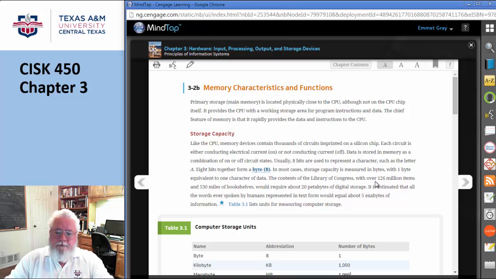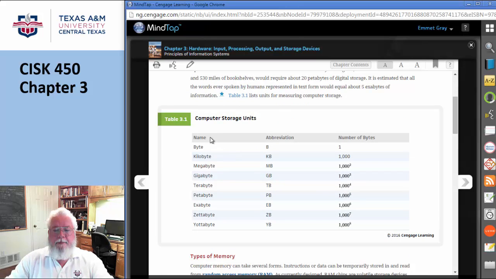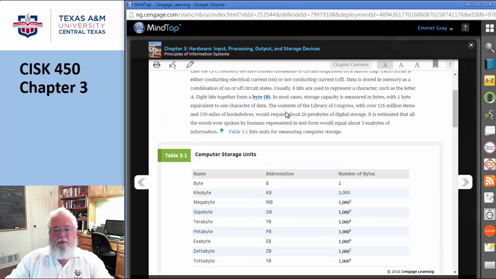So you'd hope that computer storage units, a byte, a kilobyte, and so on, you'd hope that all that made sense. And I've already mentioned in a previous video that that's not exactly the way it works. When I'm buying RAM, if I went to the store and bought a stick of RAM and said I want a 1 gigabyte RAM, I am not getting 1,000 to the third power. I'm getting 1,024 times 1,024 times 1,024.